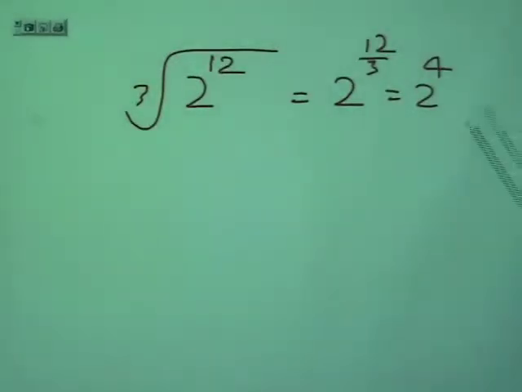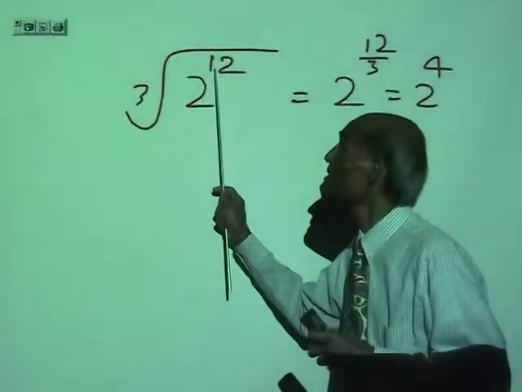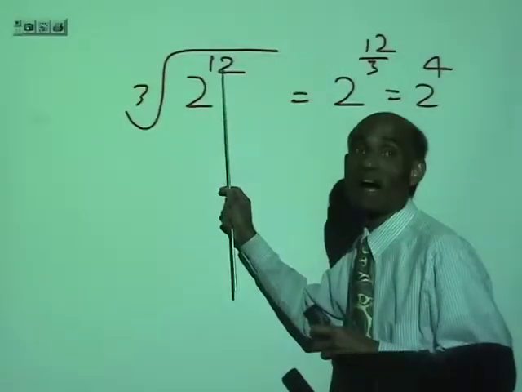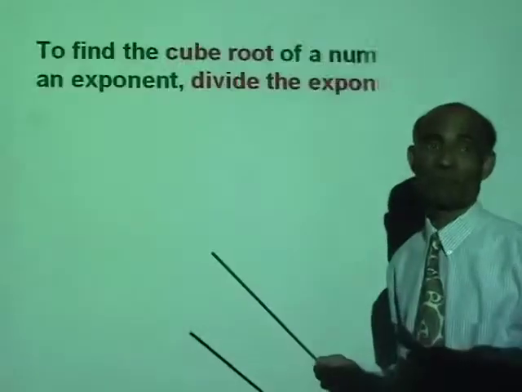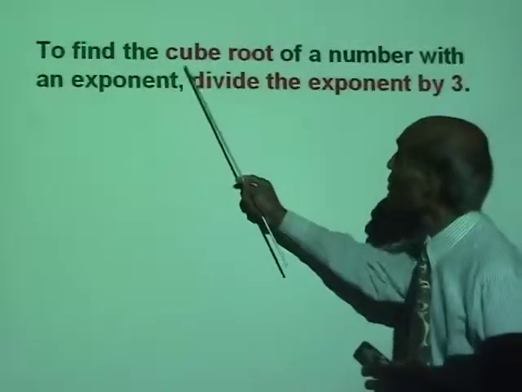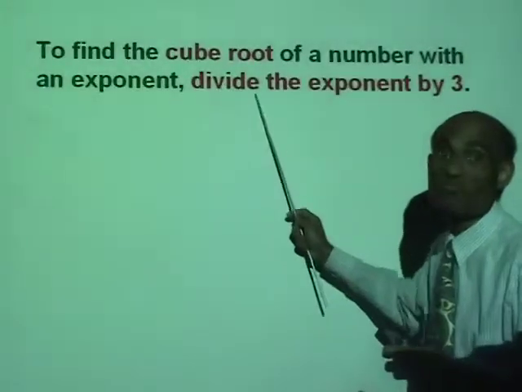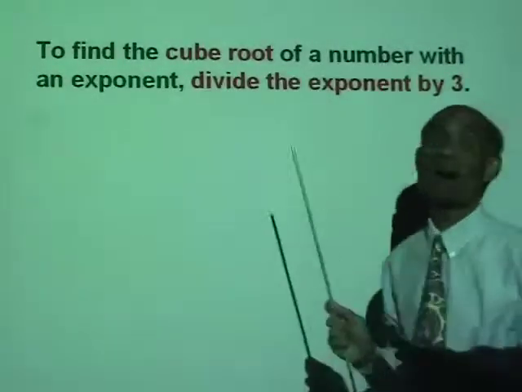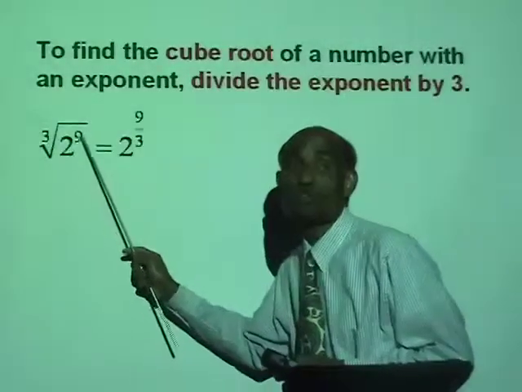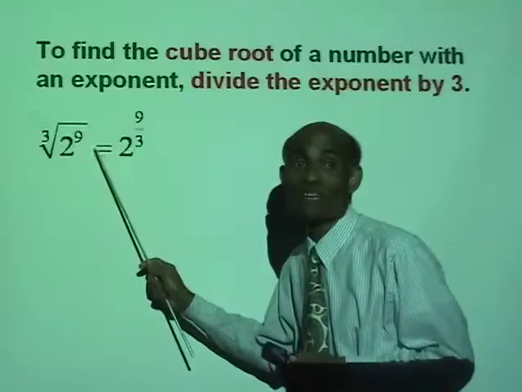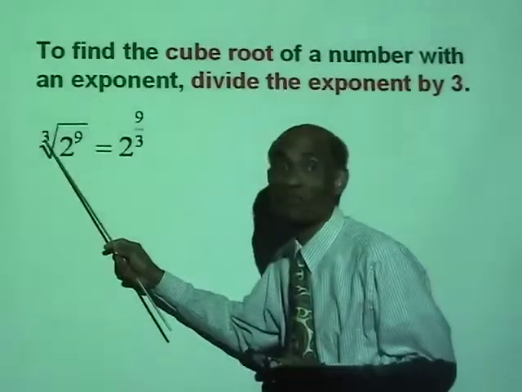Alright, you must be very thorough with this. To find the cube root of a number with an exponent, simply divide that exponent by 3. Cube root of 2 to the power of 9 is 2 to the power of 9 divided by 3.